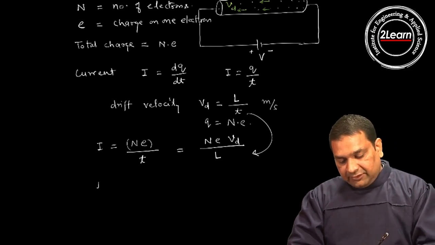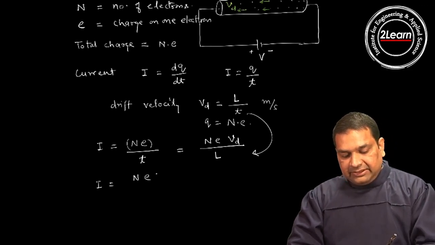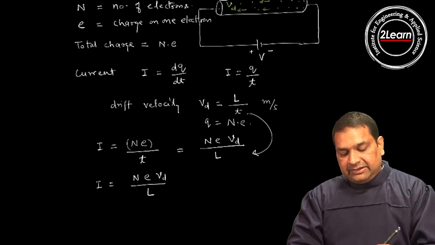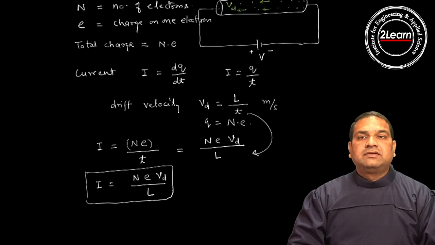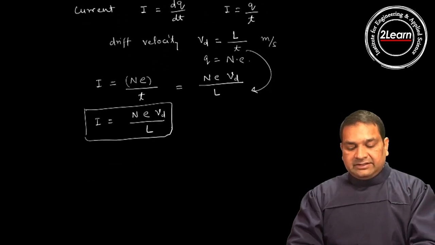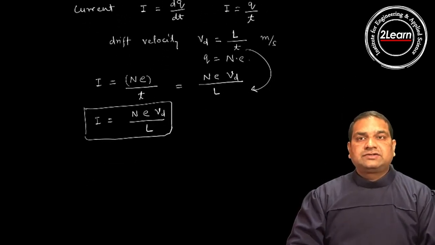So now you have I equals n E Vd by L. This is one relation between current and electronic charge.